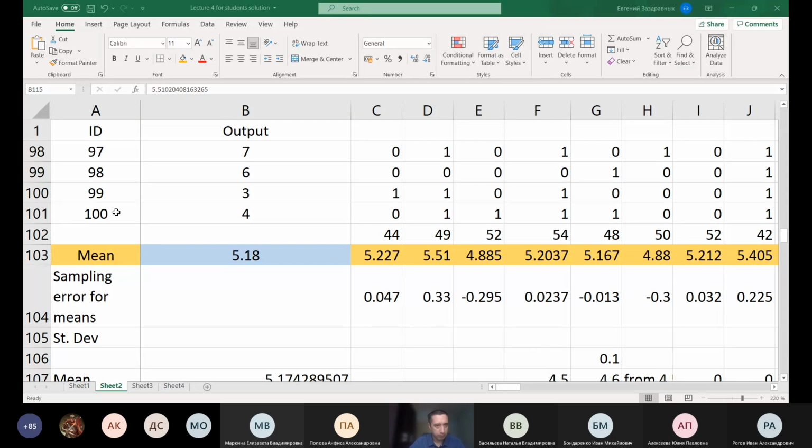Well, let me show you how to create a separate data set using these means. Well, I hope that all of you remember. Let me show you another file. Maybe it's more convenient for you.